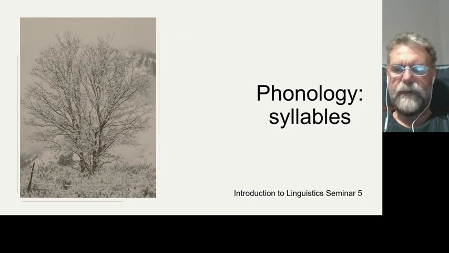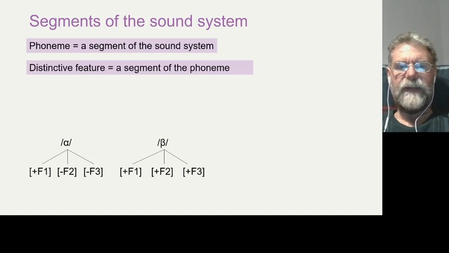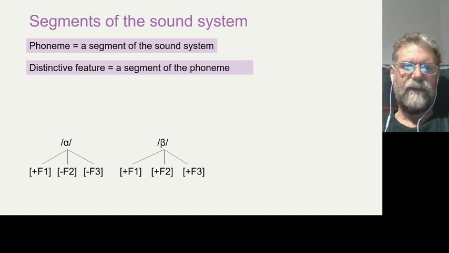This time we're going to look at another unit of the phonological system, this time bigger than the phoneme. Last week we were looking at how phonemes could be broken down into smaller units. We said that the phoneme is a unit, a segment of the sound system, which can be broken down into these things called distinctive features.